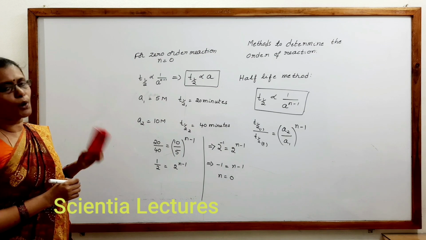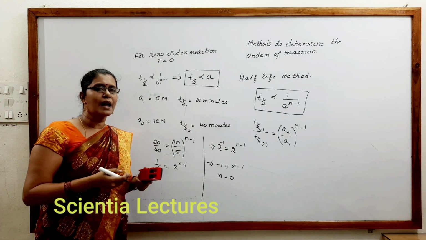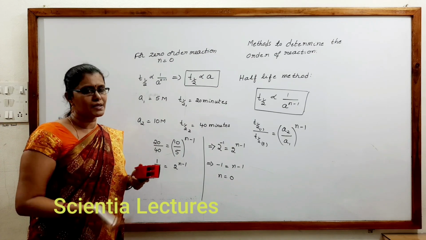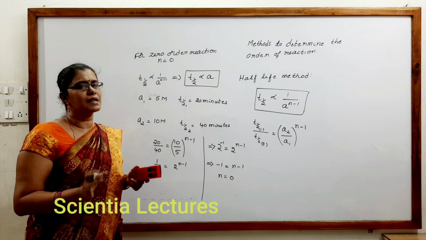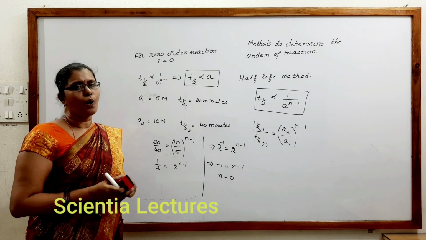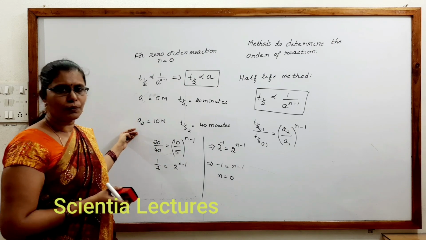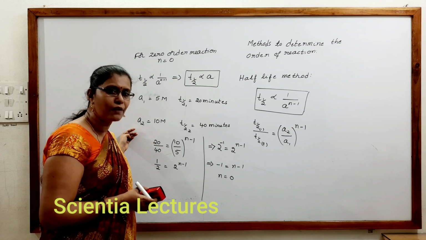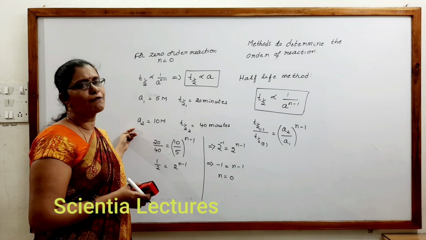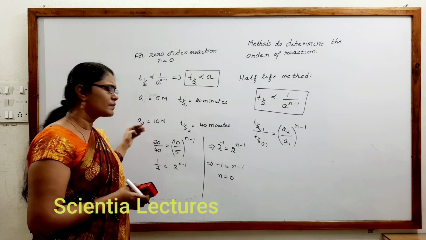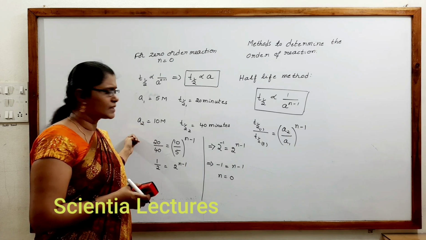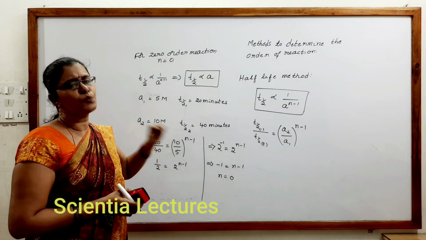As we have seen in the problem, the question can be asked in this way: when your initial concentration is doubled, its T half is doubled, then what is the order of the reaction? Or sometimes the information would be given: initial concentration is 5 M, its T half is 20 minutes; when initial concentration is 10 M, its T half is 40 minutes.